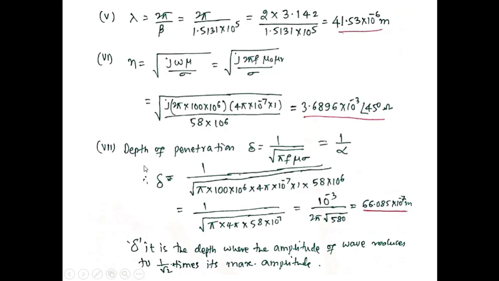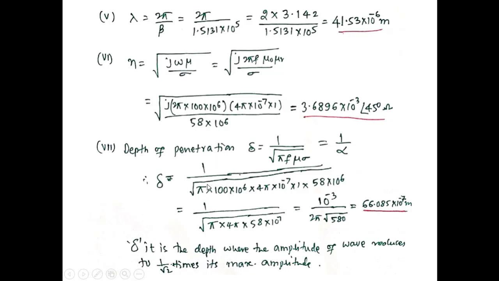Next, depth of penetration delta is given by 1 divided by under root of pi f mu sigma. This is equal to the same as 1 divided by attenuation constant alpha. Therefore, in the given problem, depth of penetration is calculated.